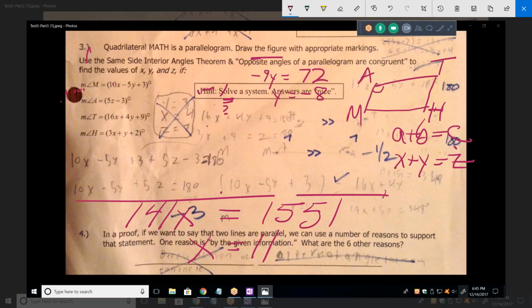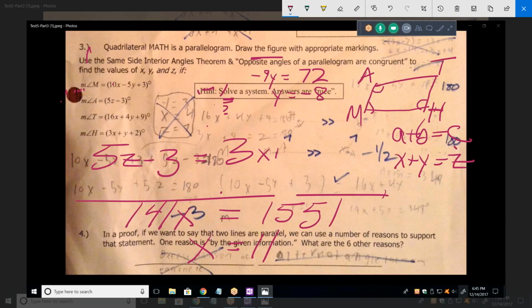That's obtuse. That's acute. But those are both obtuse and they're opposite. And that's the definition of a parallelogram, that opposite angles are equal. Okay. So I can say that 5z minus 3, angle A, is equal to angle H.